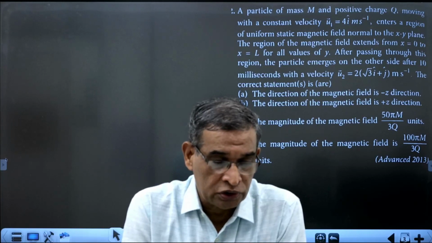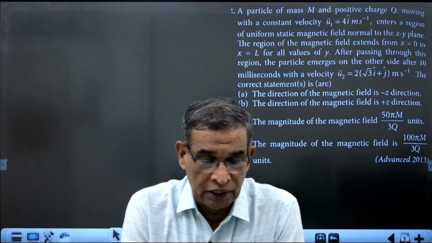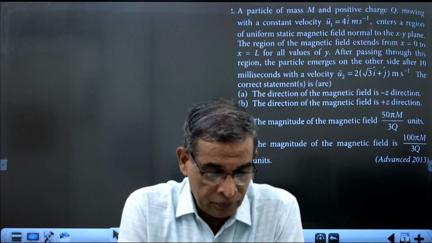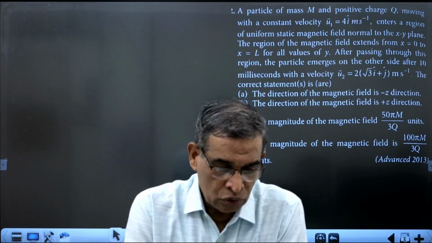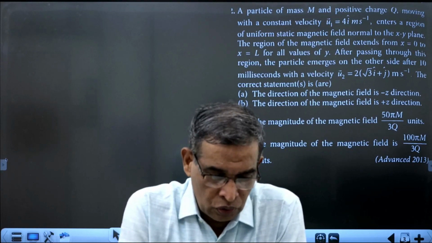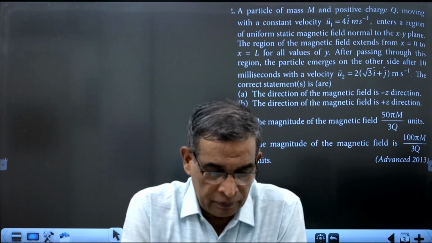After passing through this region, the particle emerges on the other side after 10 milliseconds with the velocity u2 given by 2 root 3 i plus 2j meter per second.